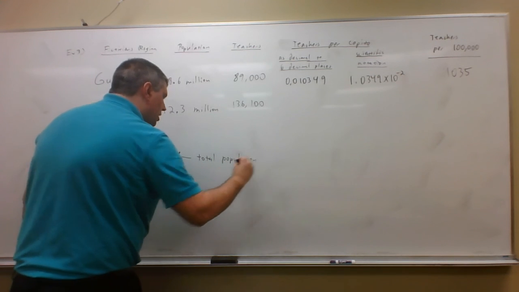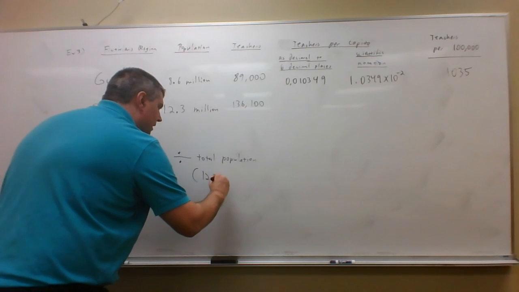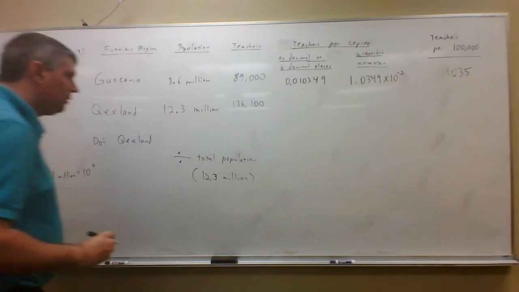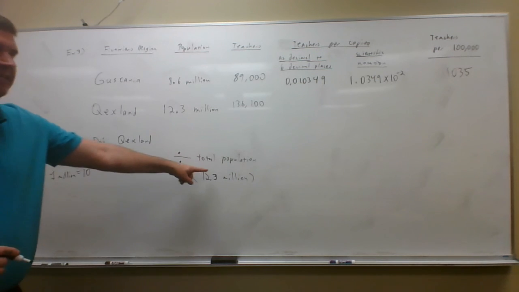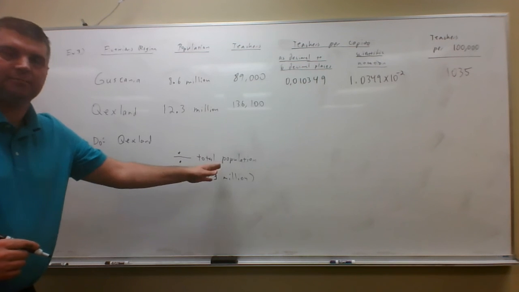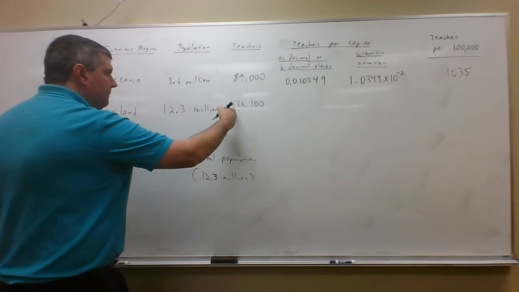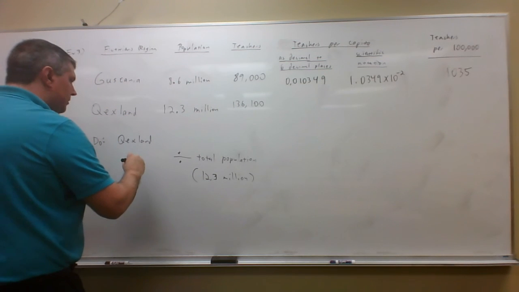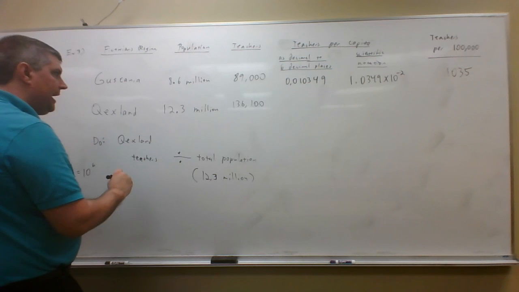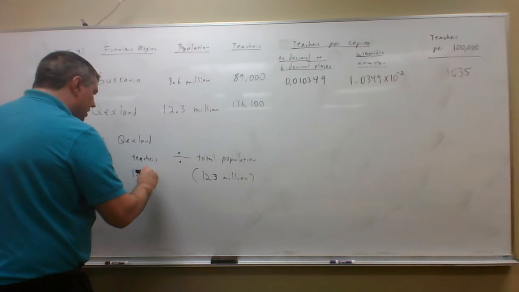The total population is 12.3 million. You are always going to have total population second. No ifs, no ands, no buts. The other number to be divided is the number of teachers. That's going to be 136,100.